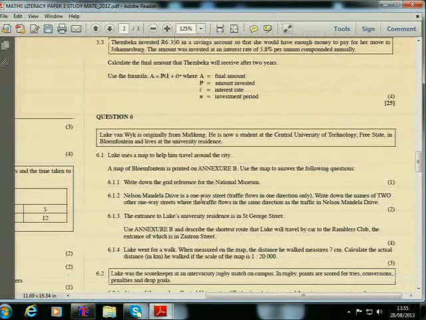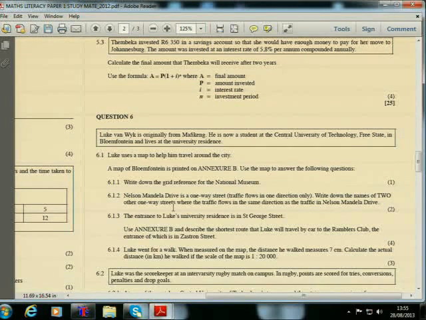Now I want us to move on to question 5.3. Question 5.3 says Tembeka invested 6,350 in a savings account so that she would have enough money to pay for her move to Johannesburg. The amount was invested at an interest rate of 5.8% per annum compounded annually.